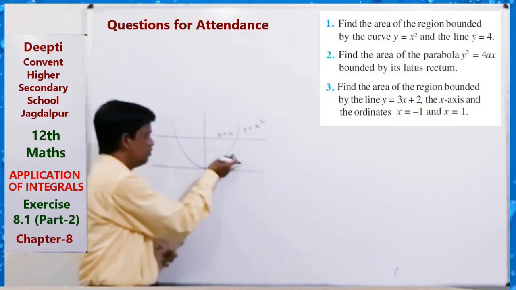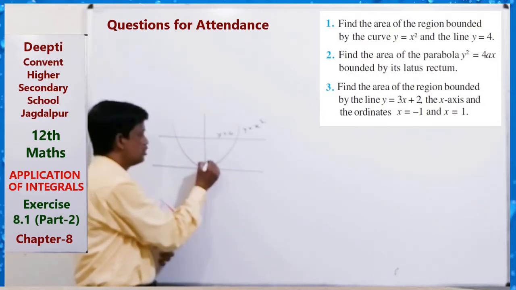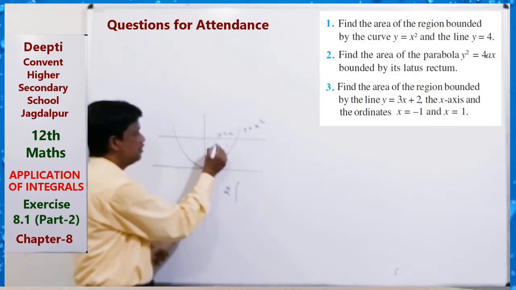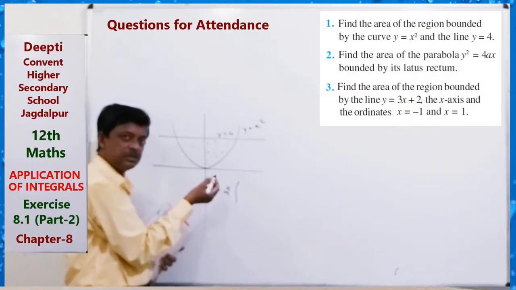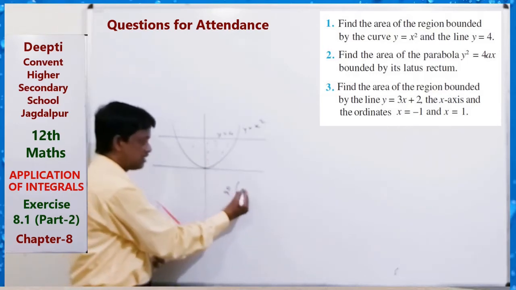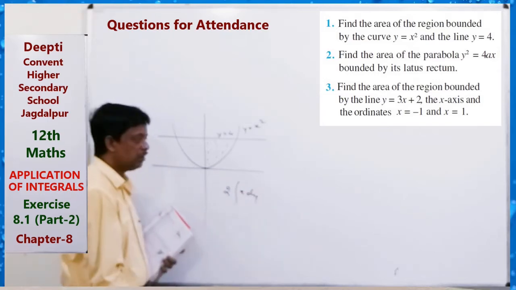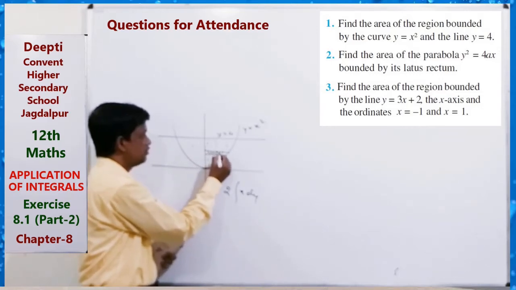Because the parabola is symmetric about the y axis, these 2 parts are the same. So for finding this area we can take 2 times the area of this. Here we can use the x dy formula by taking this type of strip.